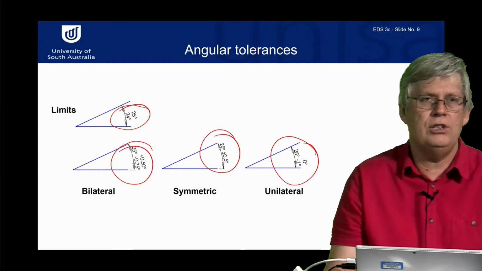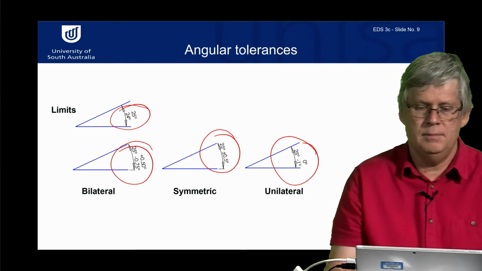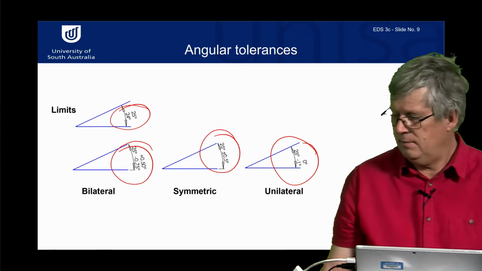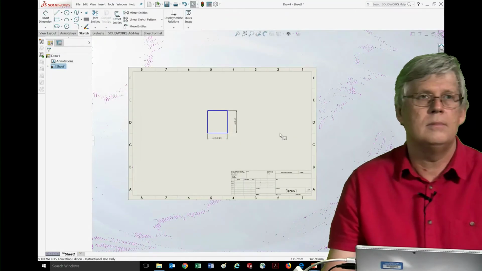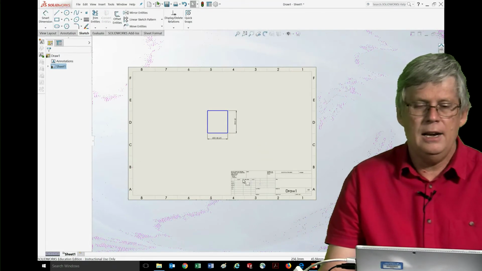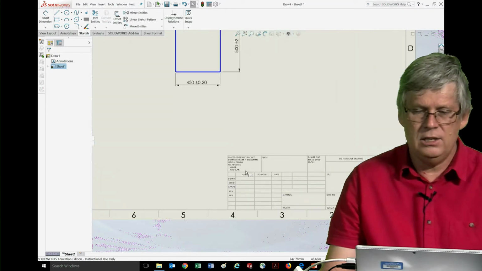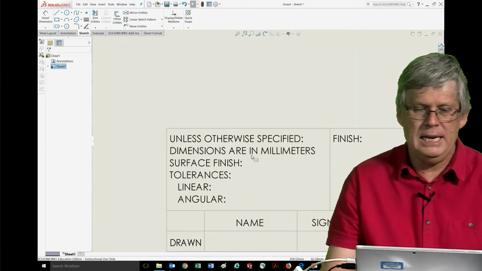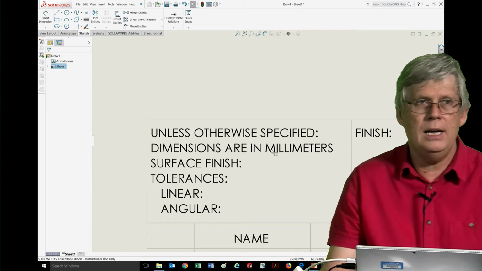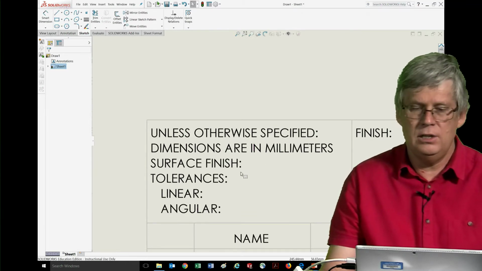And they're generally shown in the drawing template. So I'll just go to SOLIDWORKS to show you that. Here we are back on the SOLIDWORKS drawing sheet. That's the same one that I had before. This is just the standard template. If I zoom in here, it says, unless otherwise specified, dimensions are in millimeters.